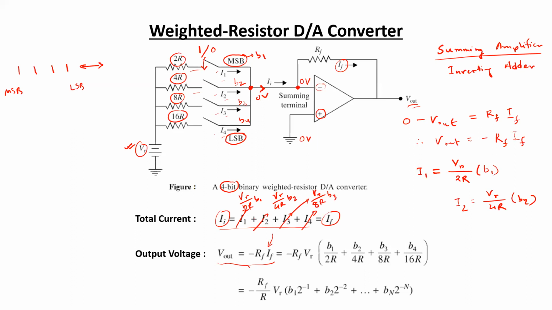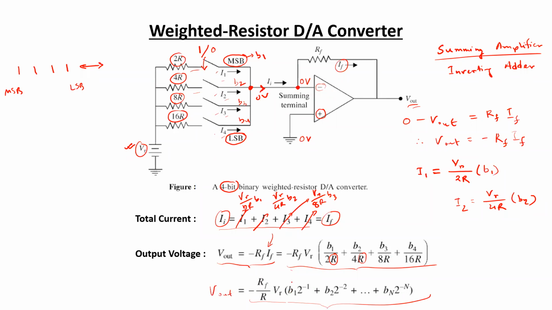In this way, if we put that expression instead of IF, finally we will end up with this pattern. And if the common term R is factored out from the denominator, this will eventually be our final expression. Following this expression, we can determine a particular output voltage.